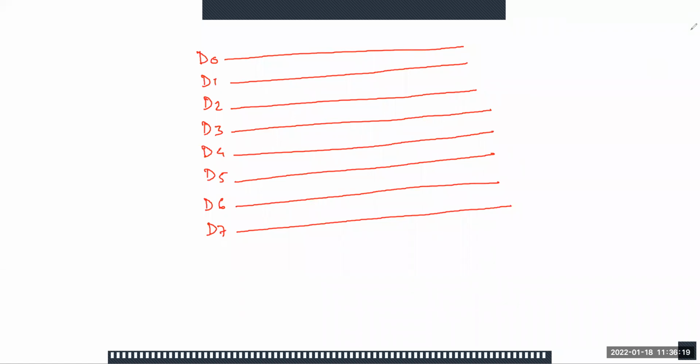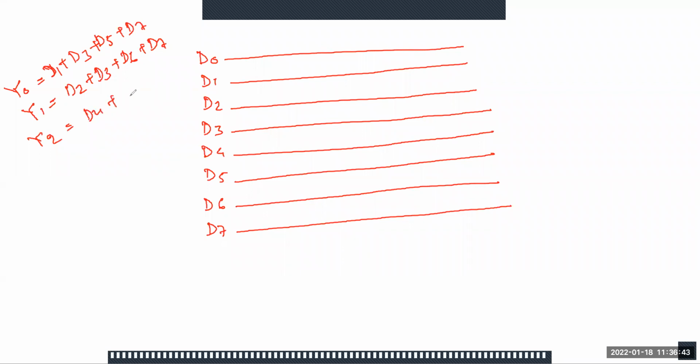For the case of Y0, I am writing again: it was D1 plus D3 plus D5 plus D7. For Y1, it is D2 plus D3 plus D6 and D7. And for Y2, it is D4 plus D5 plus D6 and D7.